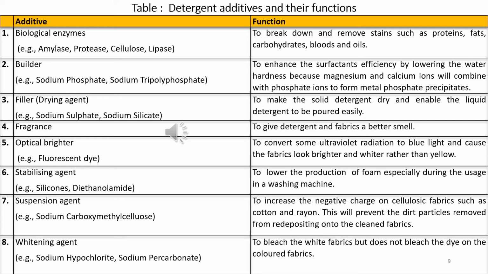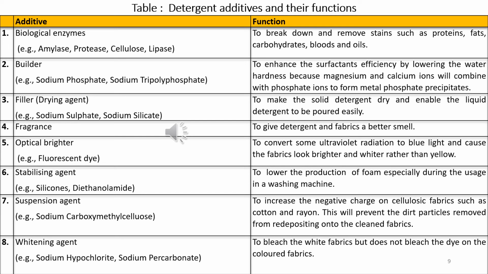Number 5, optical brighteners. Examples of optical brighteners are fluorescent dyes and blue dye. Their function is to convert some ultraviolet radiation to blue light and make the fabric look brighter and whiter rather than yellow.